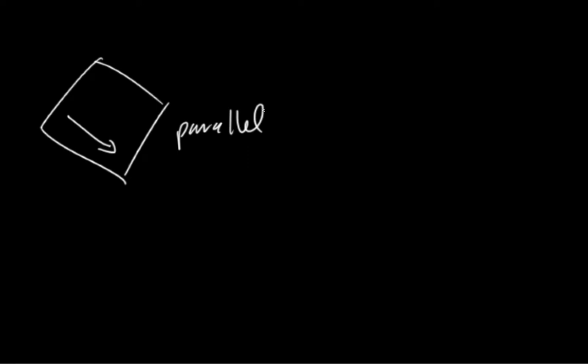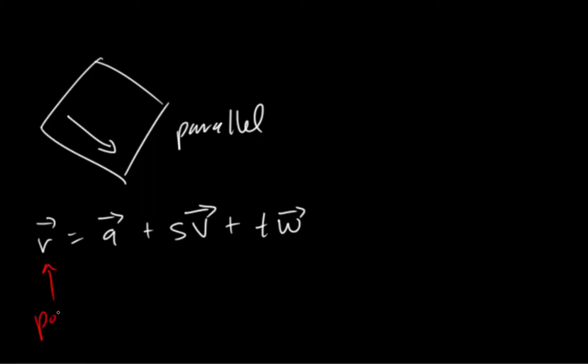Okay, now the vector equation of a plane is going to look like this. R is the position vector. A is the position vector of a known point on the plane.